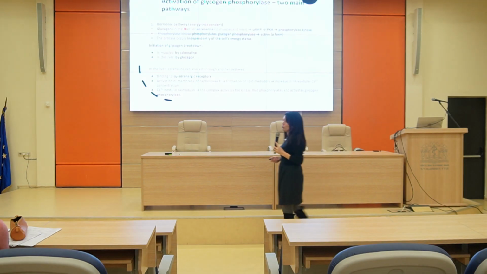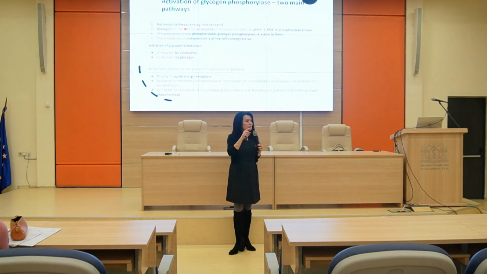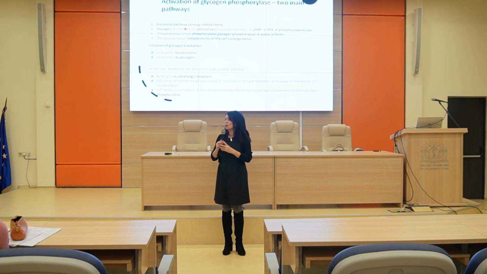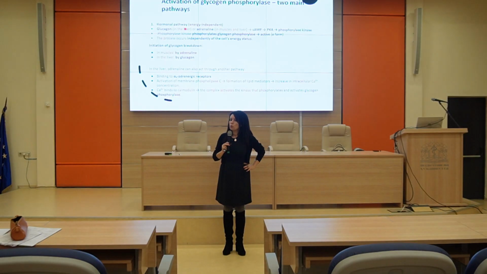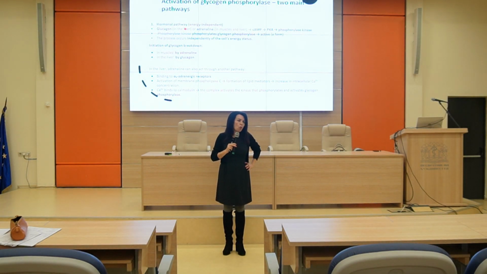There is one very big difference between liver and muscle glycogenolysis. What is the difference, students? The difference is the final product. What is the final product in liver glycogenolysis? It's free glucose. Why?